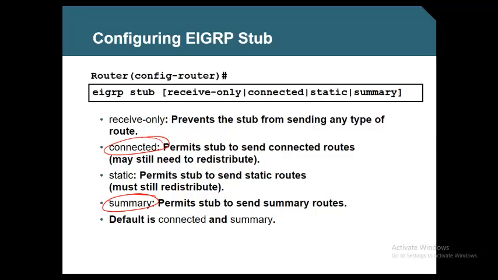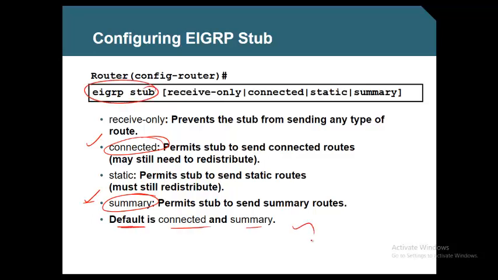Anything about this you ask me, I'll tell you. Don't ask me anything else. So that is stub summary. Now, if you want both connected and summary, then you simply configure stub. Both will be enabled.